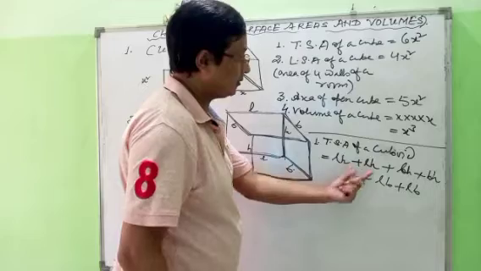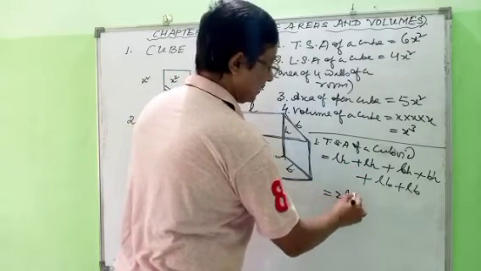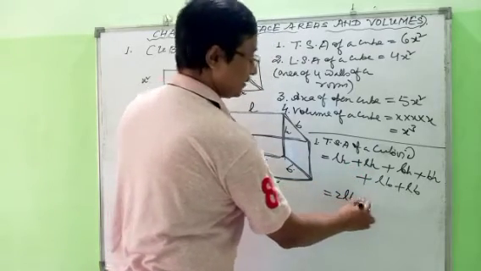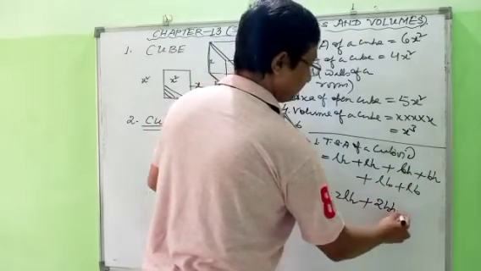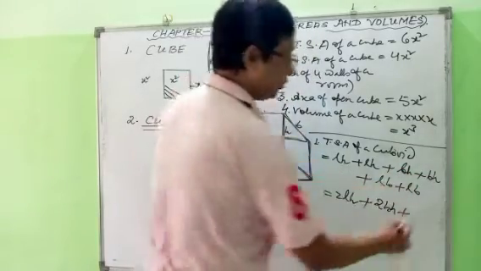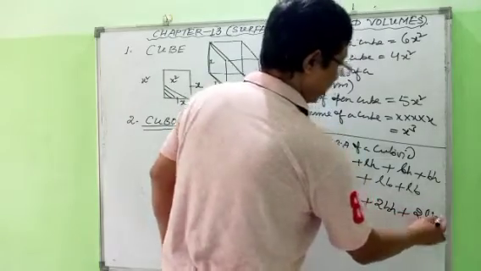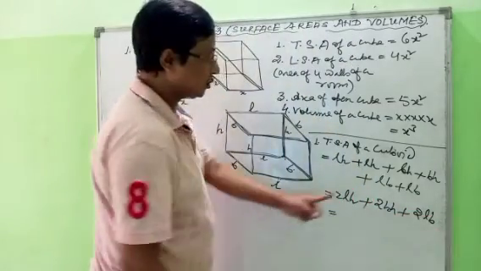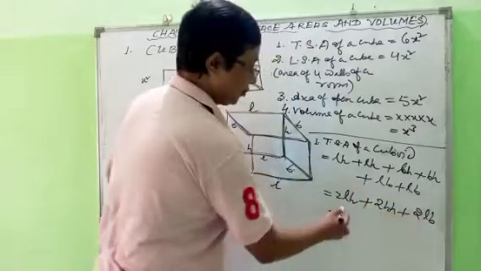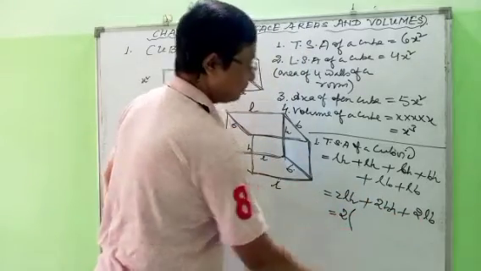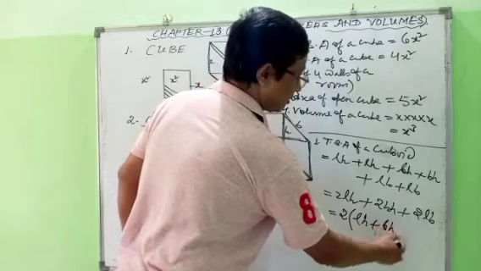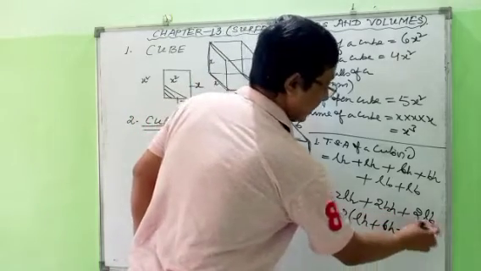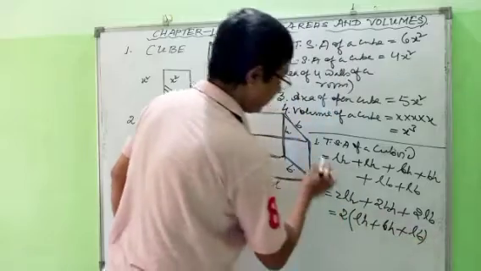So here you got twice of LH, that is length into height, plus adding these two, you have got twice of breadth height. Then adding these two, you have got twice of length breadth. Now you take common here. So here 2 is common. So you take this 2 out and then the bracket. So LH plus BH plus LB.